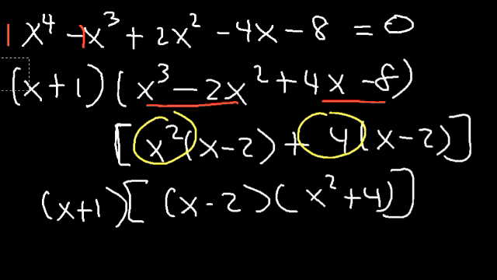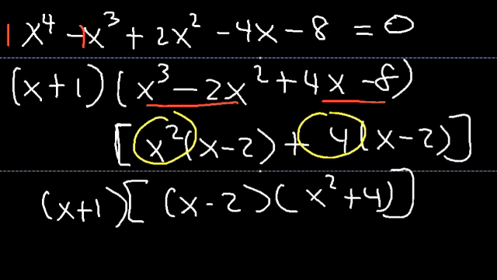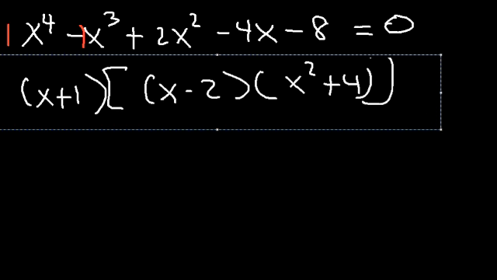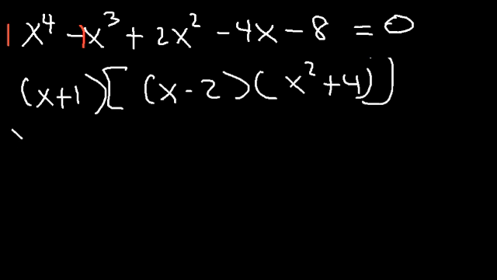So now we could find the zeros of the polynomial. So we know it's going to be negative 1, positive 2, and for x squared plus 4, we solved that earlier in this video. It's going to be plus or minus 2i.